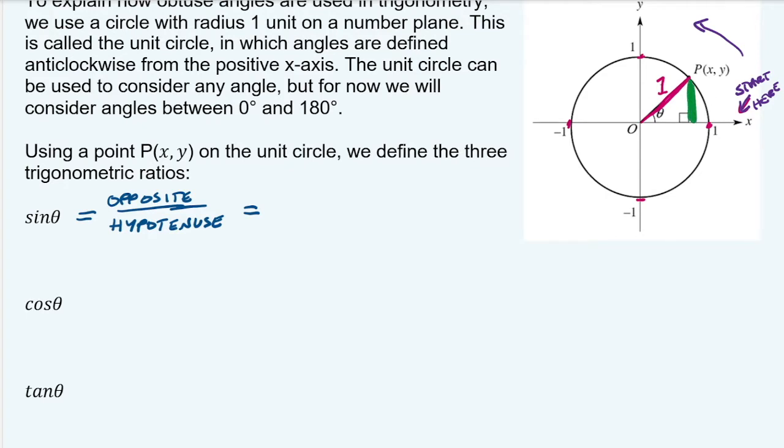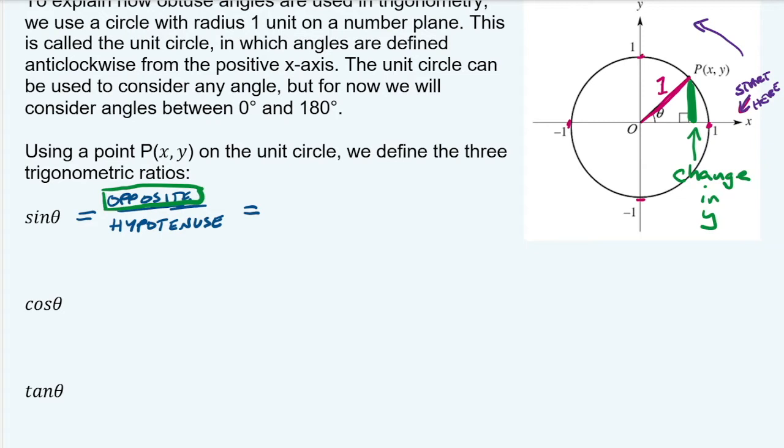That's the opposite side in green. That's going to be a change in y. That's going to be the y value, that vertical. It's the change in y. So this is just another way it relates to linear relationships as well.